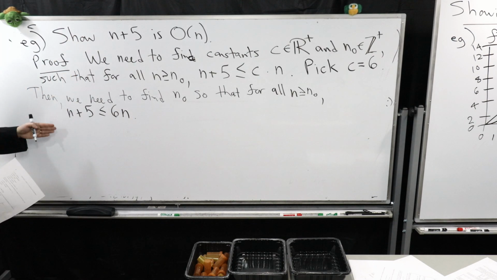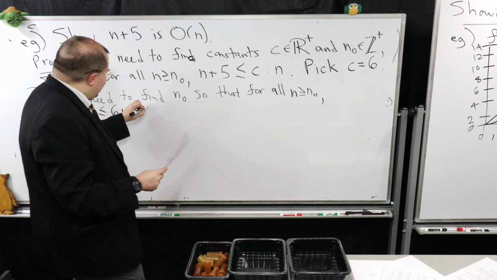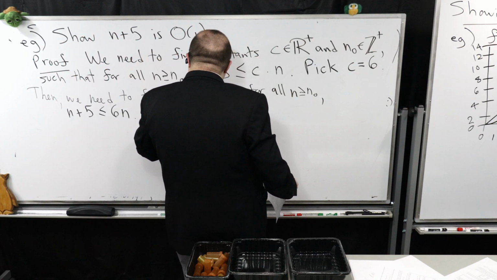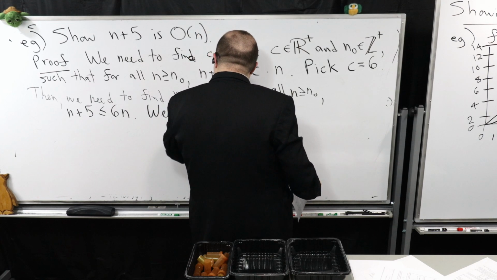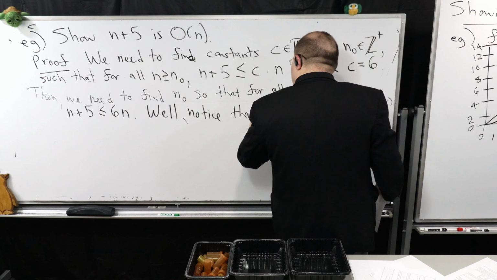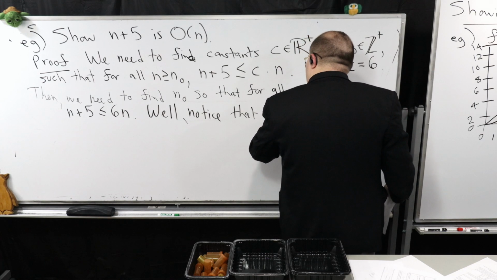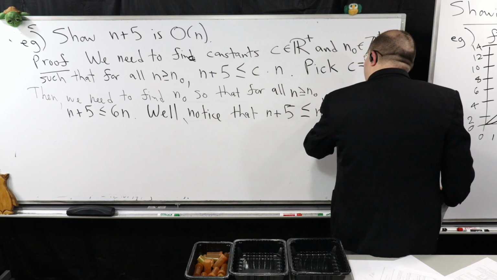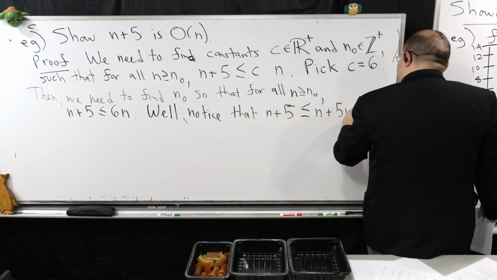So, like I said, notice that n plus 5 is going to be less than or equal to n plus 5n, which is equal to 6n, right?